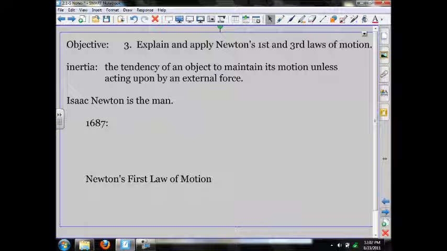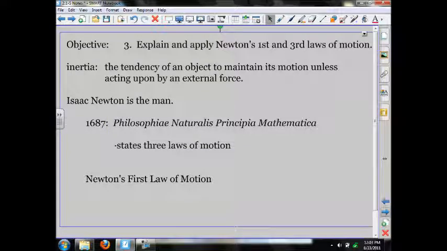So, an object wants to maintain its motion. If it's stationary, if it's motionless, it doesn't want to move. If it's moving at 5 meters per second, it wants to continue moving at 5 meters per second, unless another force acts on it. Isaac Newton is absolutely a man, because in 1587, what did he do?